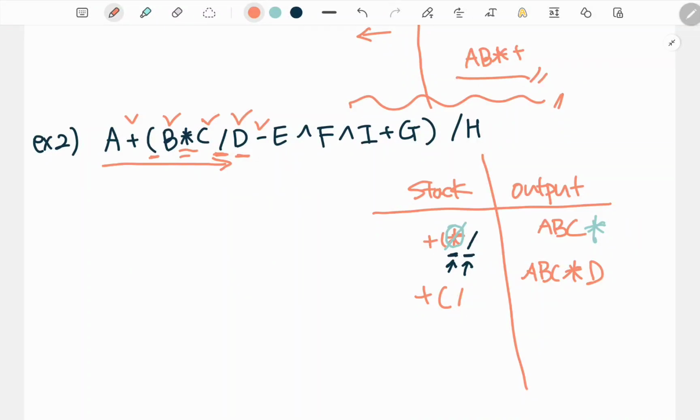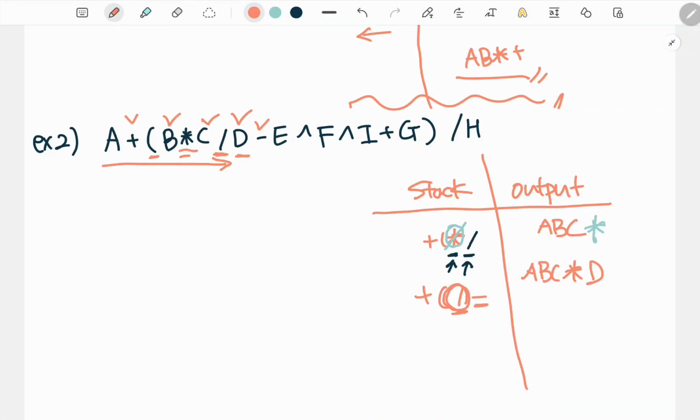But you see, minus precedence is lower than division. So if minus goes here, you actually need to pop this one out and leave the minus here. So whenever a higher operator comes into the stack, you don't need to pop.